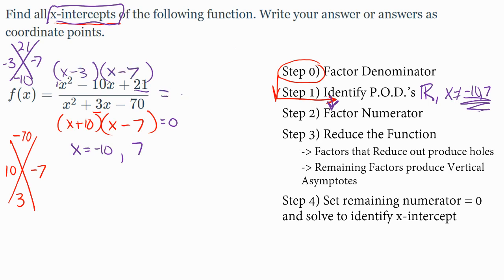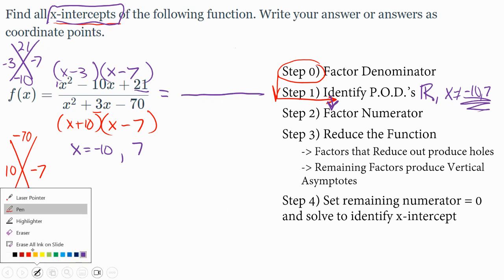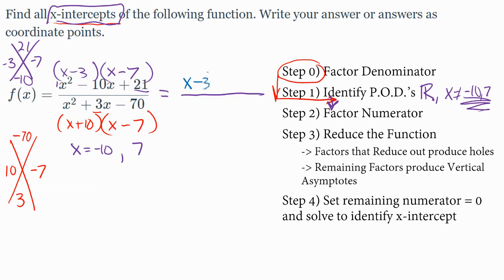I'm going to go ahead and rewrite my function over here to the right of it so that we can reduce and identify that one of our numerator factors is a hole.